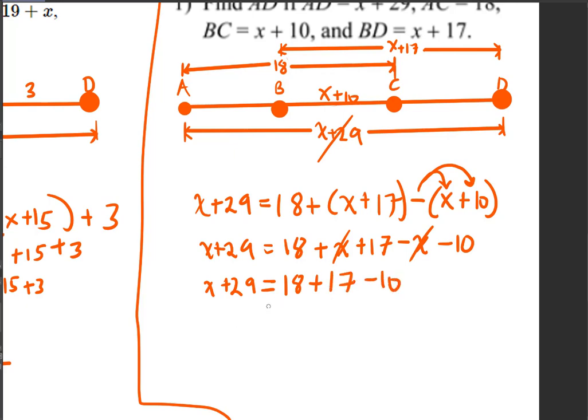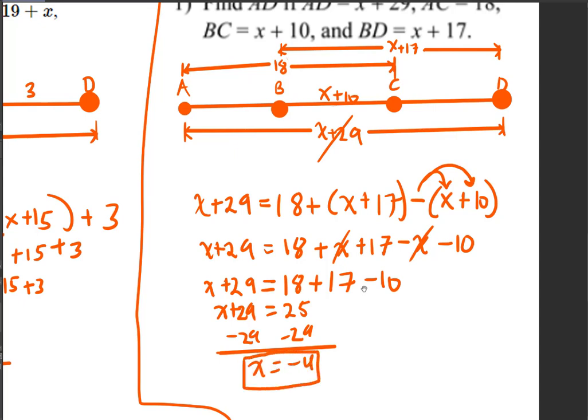So x plus 29 is equal to 18 plus 17 minus 10, which added together is 35, sorry, not 36. 35 minus 10, which is 25, is equal to x plus 29. Subtract 29 from both sides, and I get that x is equal to negative 4.